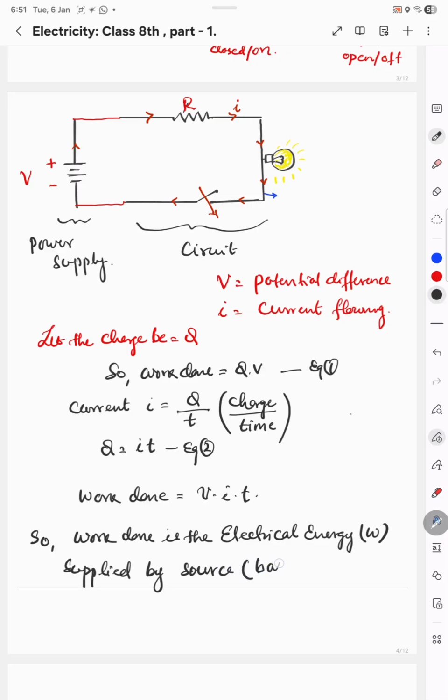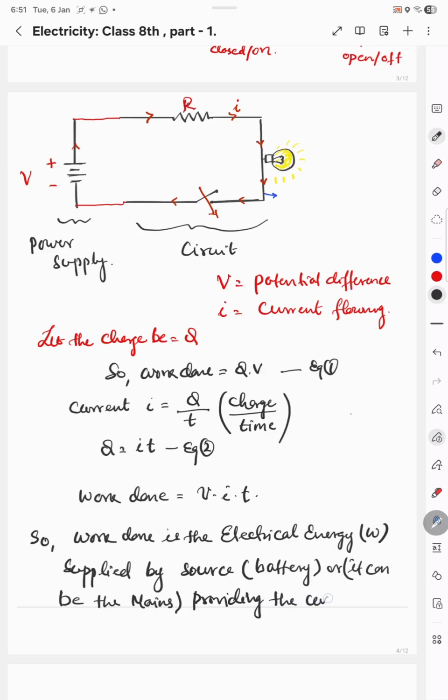Here the source is the battery, or it can be the mains also, with the battery or the mains providing the current I in the circuit under a potential difference V.